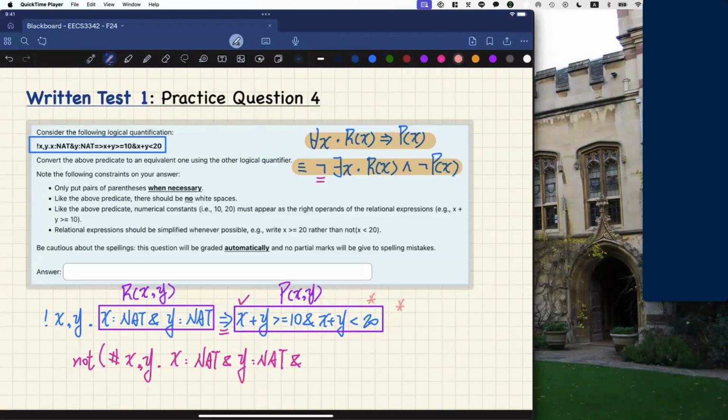So we're going to do not the case that x plus y is larger than or equal to 10 and x plus y is less than 20.